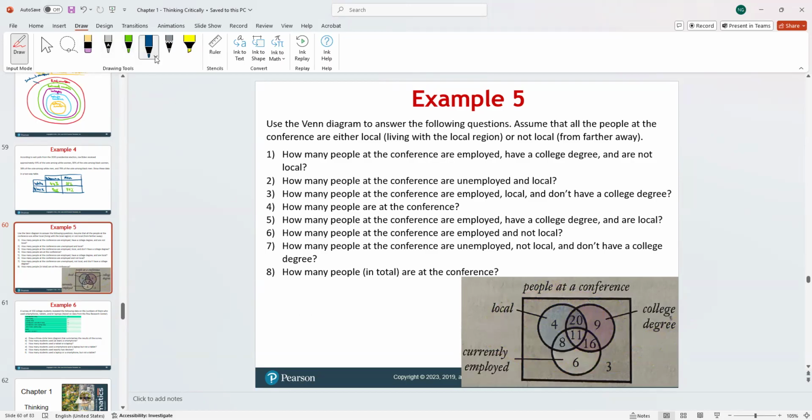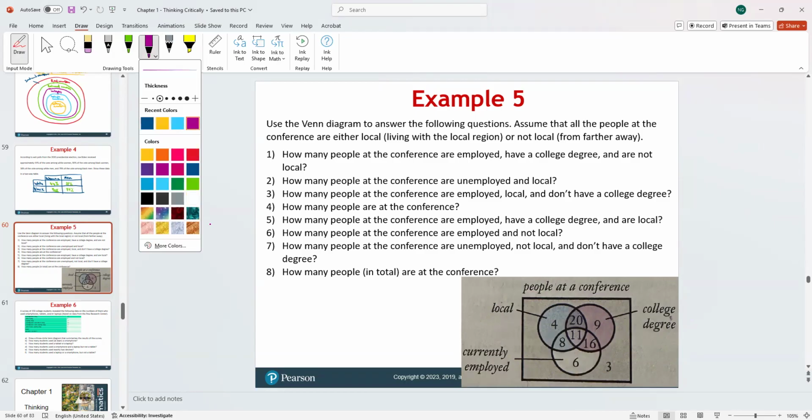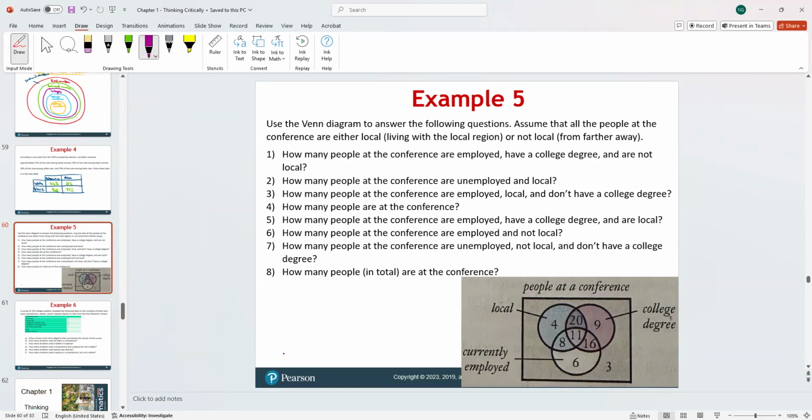All right, so we're going to do it together. At any time, do not hesitate to reach out and ask questions. The first question they ask: how many people are at the conference that are employed, have a college degree, and are not local?